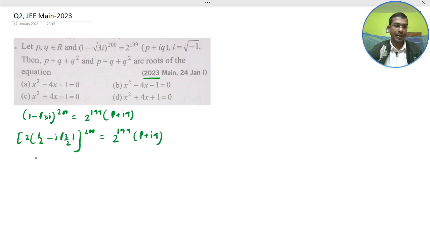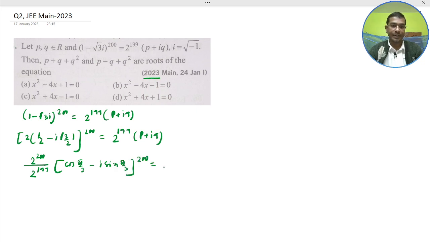Next here would be 2 to the power 200 divided by 2 to the power 199, just common here, and apply here (cos pi by 3 minus i sin pi by 3) to the power 200, that is equal to p plus iq.